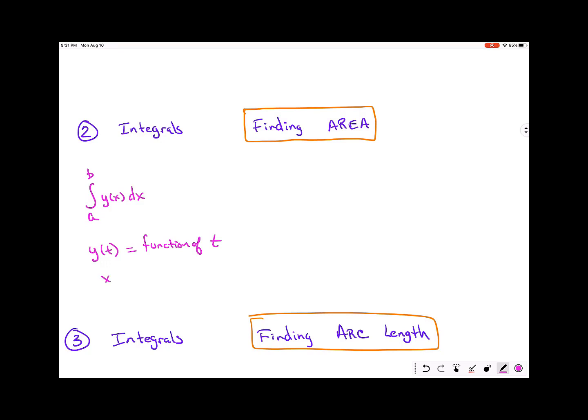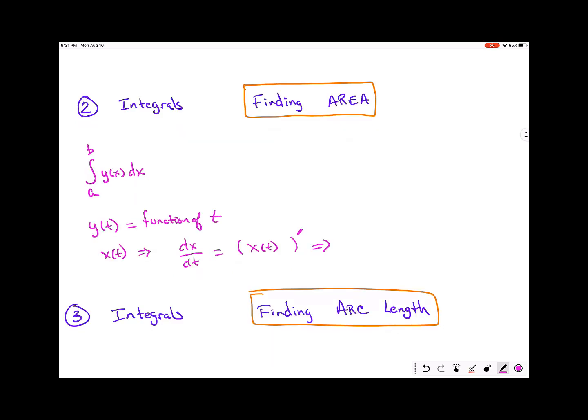Then I have x as a function of t, and I take its derivative with respect to t, so dx over dt equals some function of t's derivative, and when I solve that, I get dx equal to the derivative with respect to t, dt.